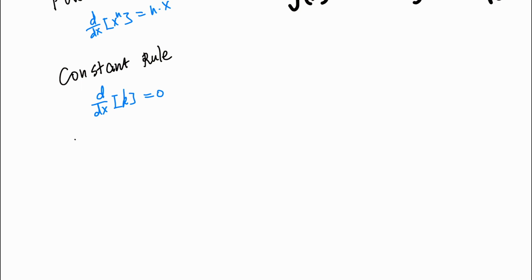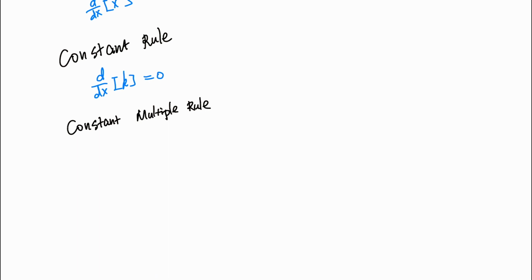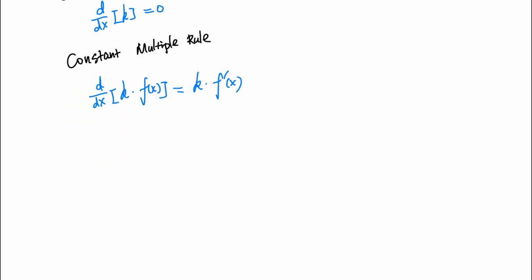And a similar thing with the constant multiple rule. And that is the derivative of some constant times a function is equal to the constant times the derivative of that function.